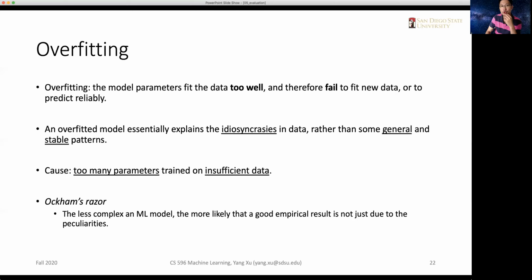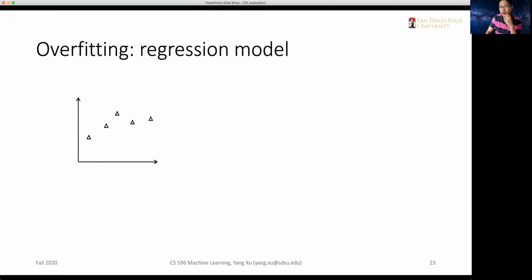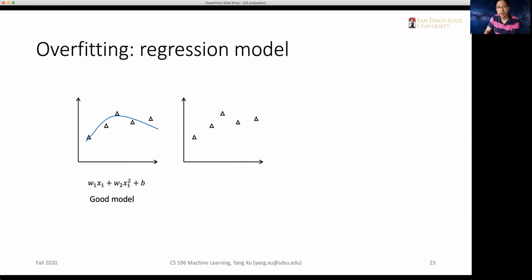So for example, in the regression model here, we have used this example before. If the model we fit is like this nonlinear regression model, we want to fit some quadratic line out of the data. So this line looks pretty good, right? Because it captures the general patterns in the data.